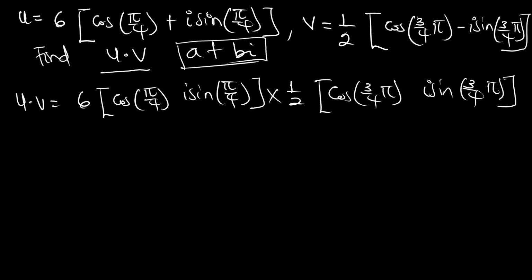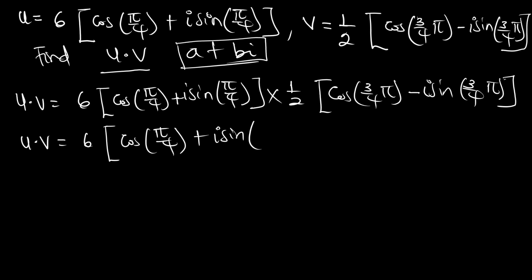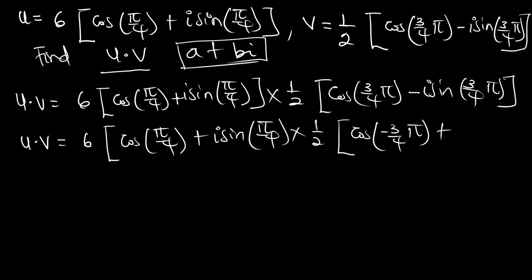So here we are having plus i sin theta, and here is minus i sin theta. Okay, so our u dot v is going to be 6 (cos pi over 4 plus i sin pi over 4) times half into bracket. This is going to give us cos negative 3 over 4 pi plus i sin negative 3 over 4 pi.